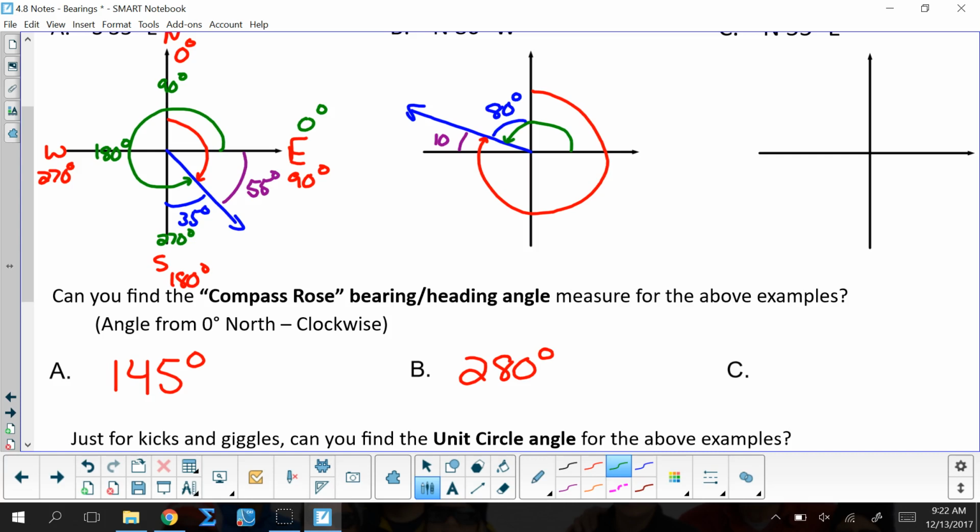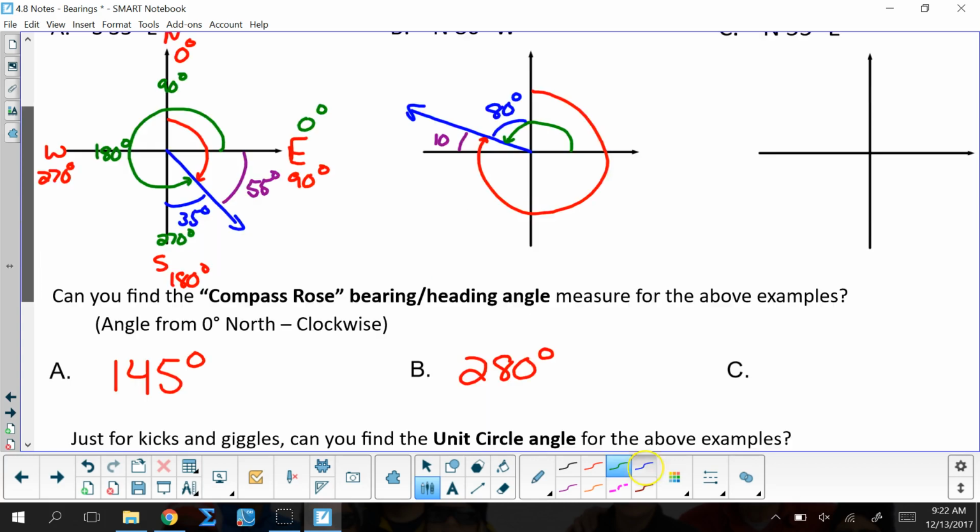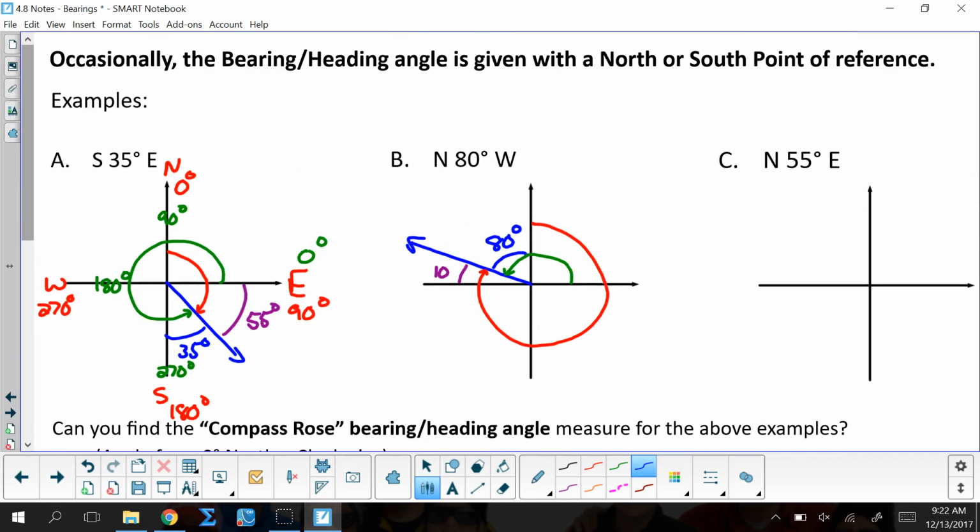Okay. Part C, north 55 degrees east would be there, with that angle being 55 degrees. So we'll just stay up here and do them all. That would be a 55 degree angle there for bearing, for compass rose.